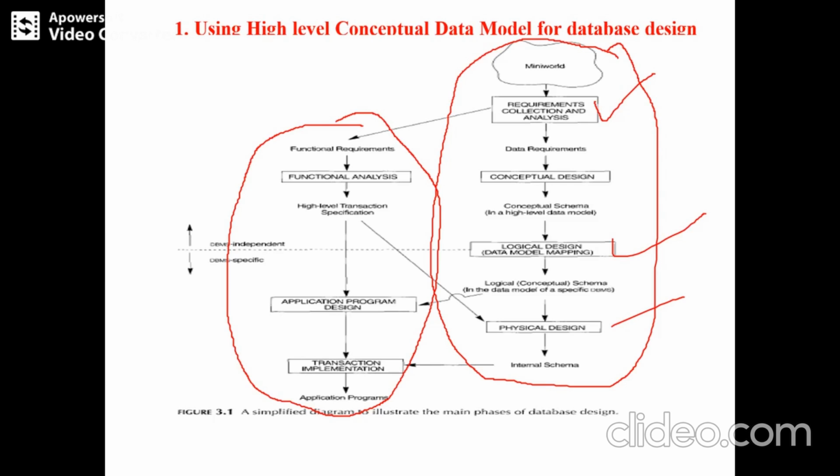In parallel with these activities, front-end application programs are designed. You can see here, in parallel we are also designing application programs in the front-end part. These programs are referred to as transaction implementation. The initial design process will involve identifying different functions that can be used by the users from the front end.